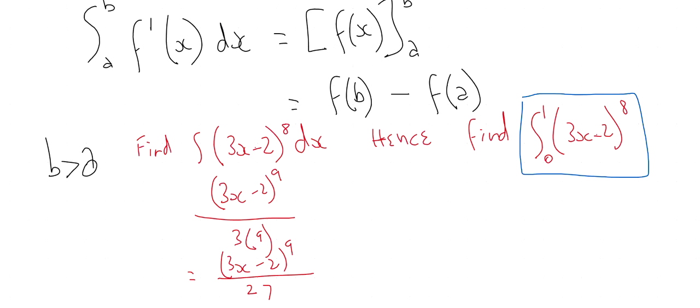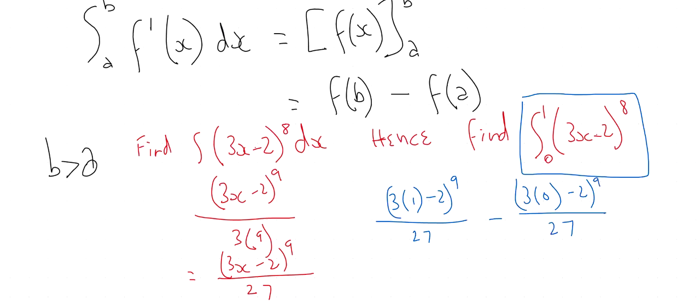So I've got 3 times 1 minus 2 to the power of 9 divided by 27 minus 3 times 0 minus 2 all to the power of 9 over 27. And given that I've done this earlier, this is 1 over 27 minus, not minus, plus 512 over 27, which is wonderfully 19.